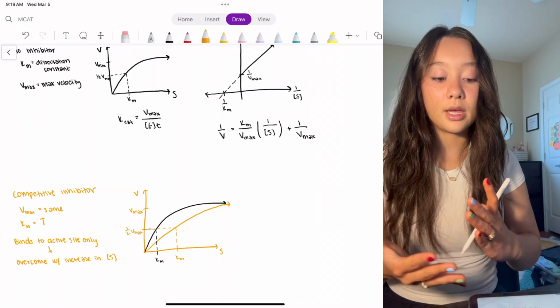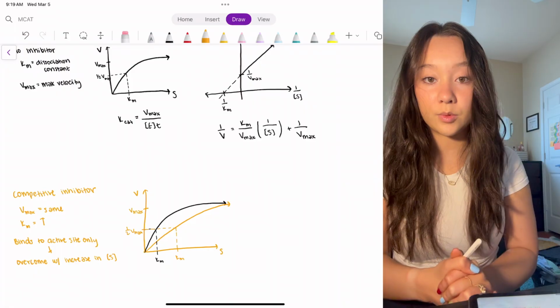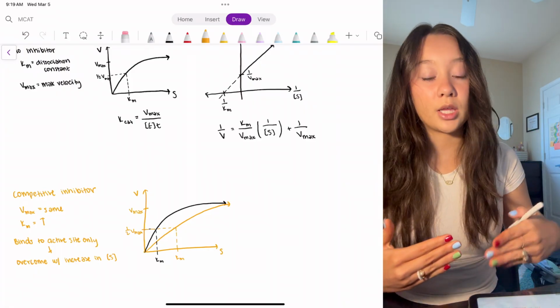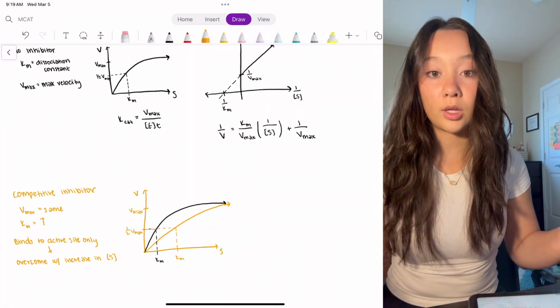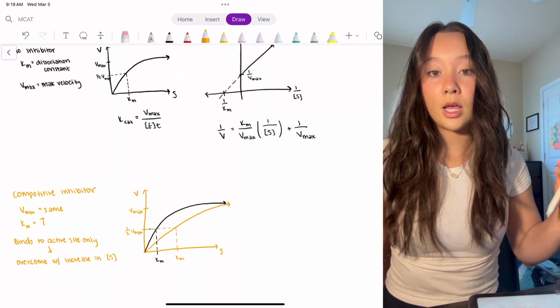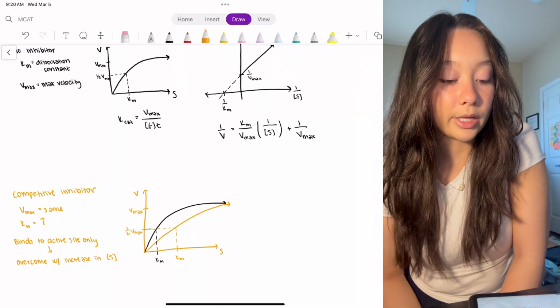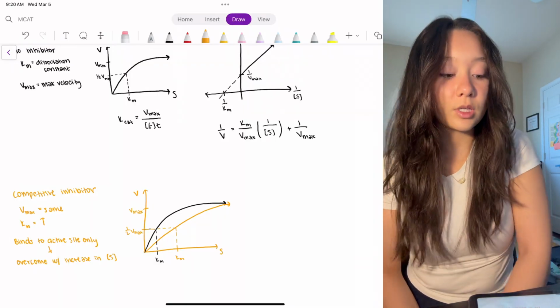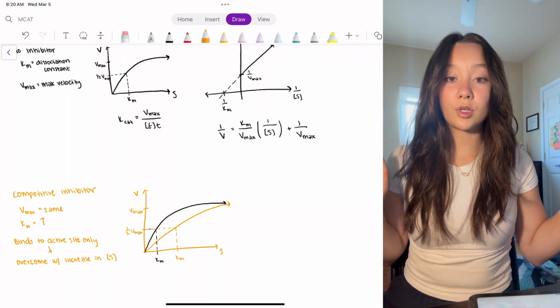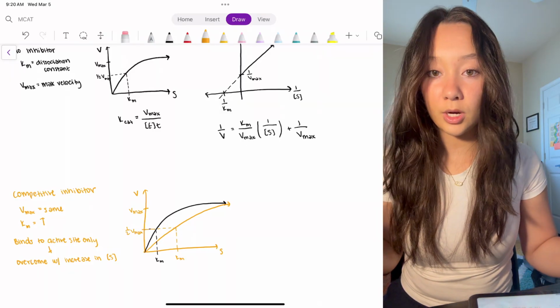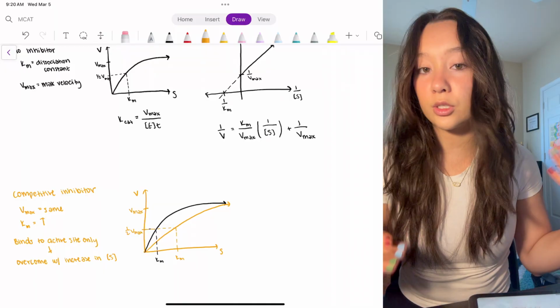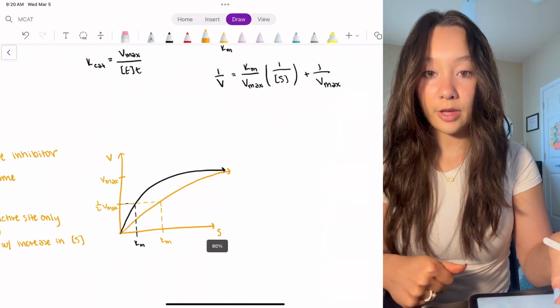But as we said, it can be overcome with a lot of substrate. If we have a lot of substrate and it overwhelms a competitive inhibitor numerically, it's just going to work as normal. That's why our Vmax is the exact same: once we get to a certain concentration of substrate, there's so much substrate compared to the inhibitor that it's just going to reach its normal Vmax, which we can see by this graph here.